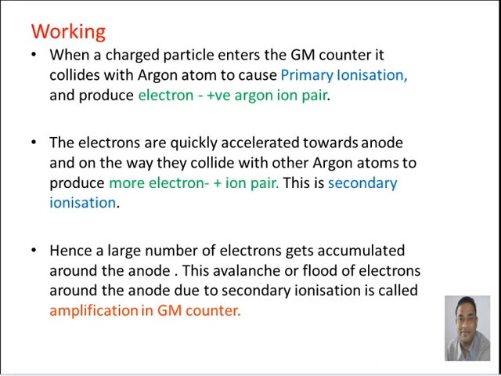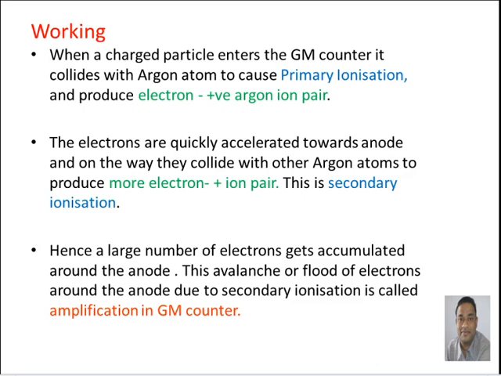First, when the incident particle collides with the argon atom, this is primary ionization. In the second case, the electrons are moving with large velocity towards the anode and collide with the argon atoms on the way. This also produces electron and positive ion pairs.